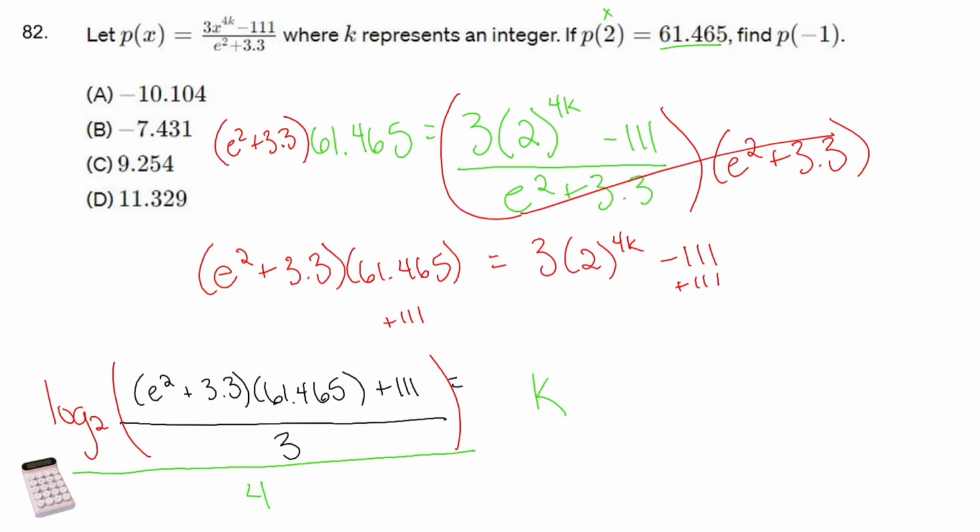And if you're like, hooray, then we're going to be done, right? No. Once I have k, I have to plug that k into this equation and then plug in negative 1. We're only halfway done, boys and girls. So wish me luck. Let's plug this into our calculator and see what awful number we're probably going to get.